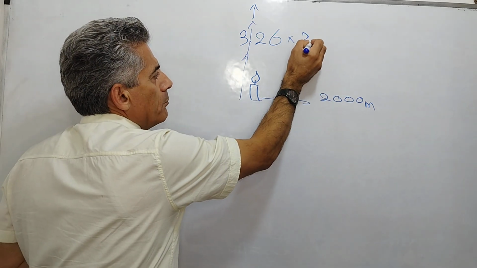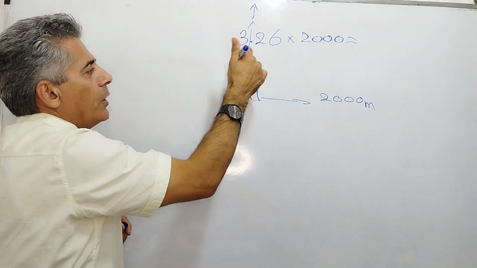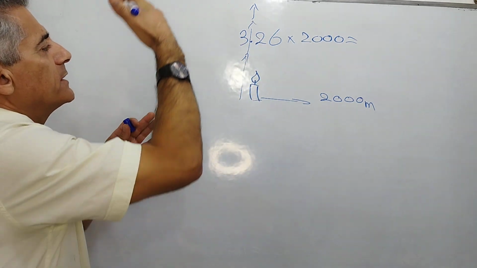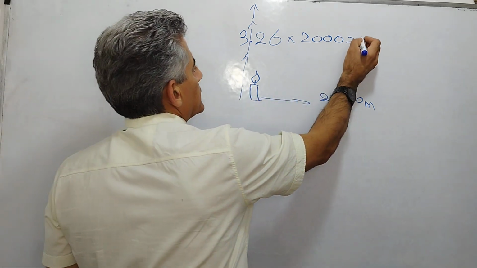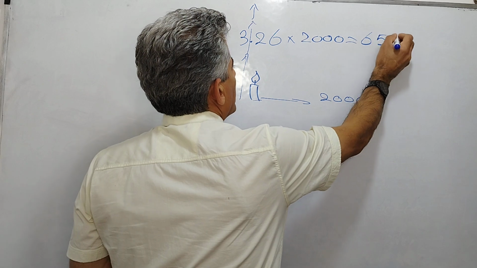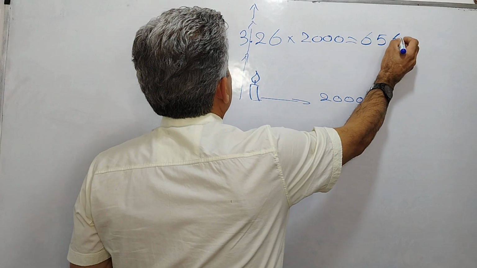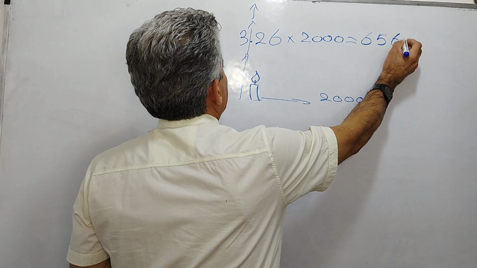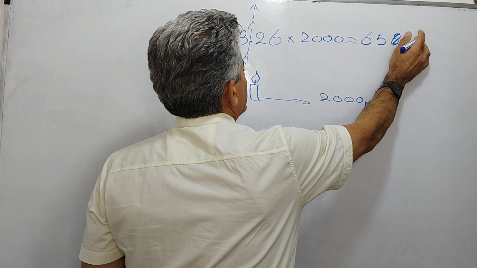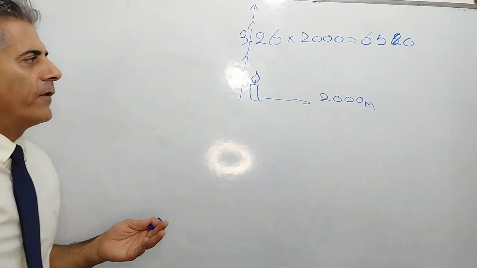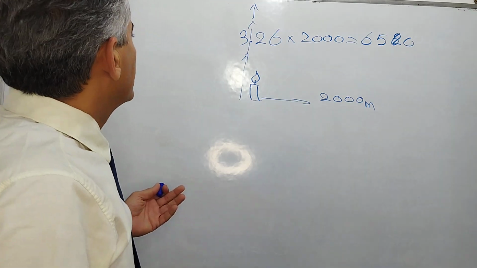Multiply 2,000 meters by this amount, and we can see it from this side. It means about 5.2, I think. 2,000 meters, 6,520 meters, or something like this.